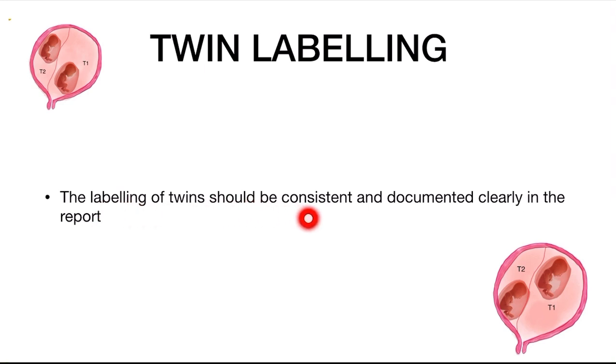The labeling of twins should be consistent and documented clearly in the report. Failure to do so may result in yo-yoing of fetal growth.